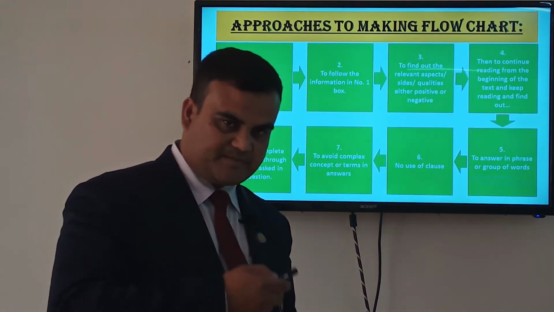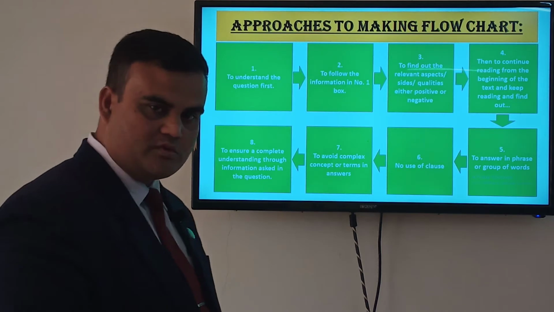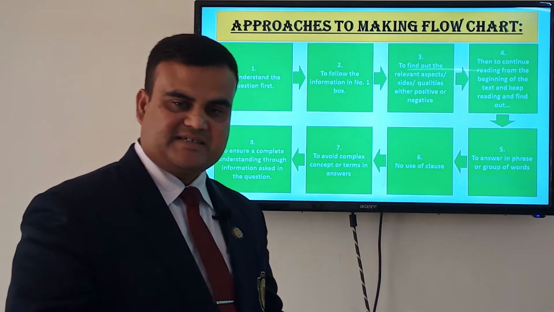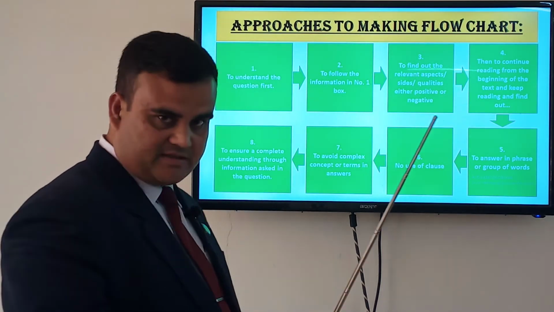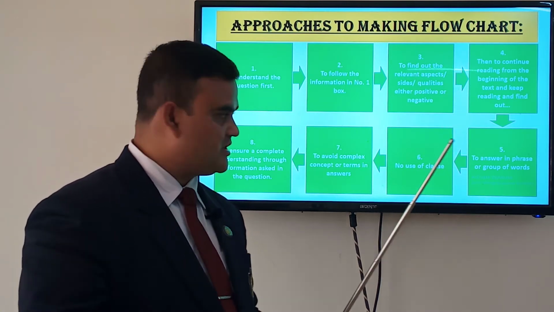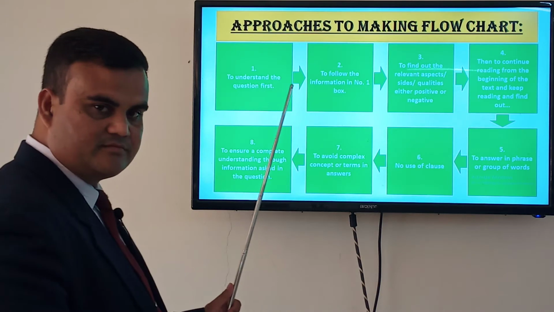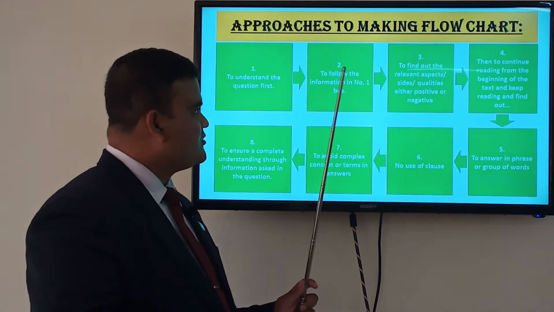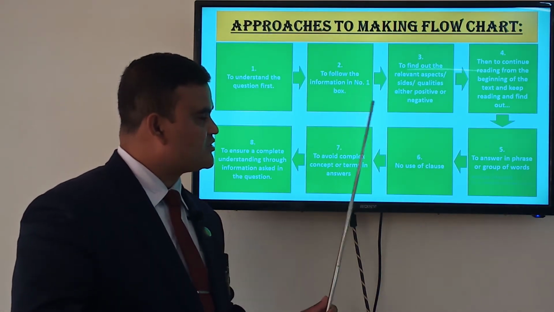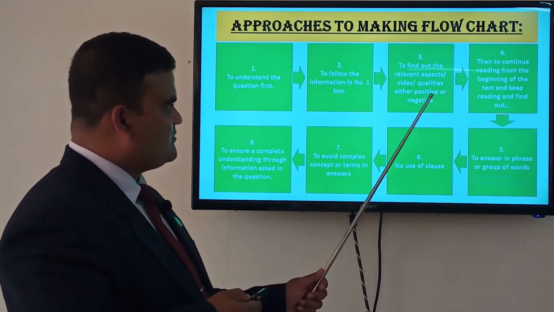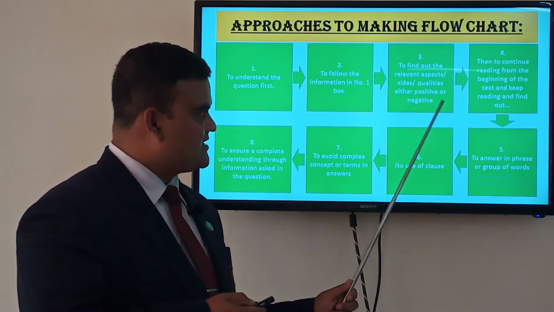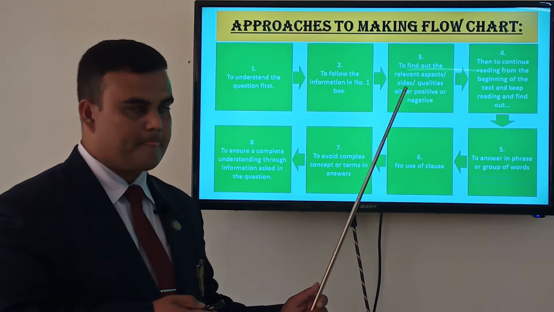So we better repeat what we should do or what the techniques are before making the flowchart. Let's move. To understand the question first, then to follow the information in number 1 box, to find out the relevant aspects or sides, qualities, either positive or negative.